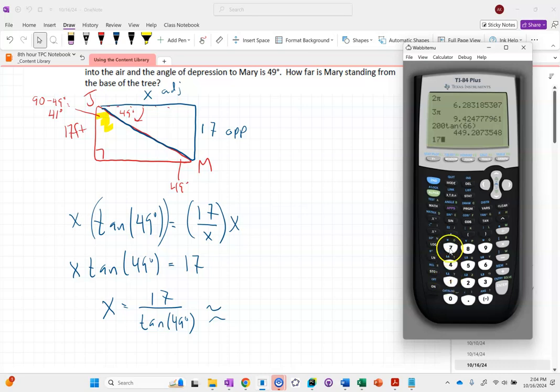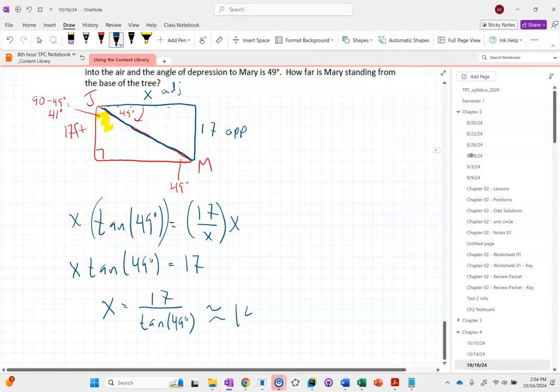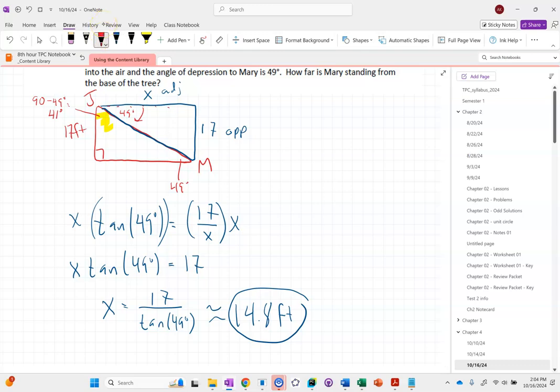I saw to that earlier, so I don't have to worry about changing it again. So I get about 14.8 feet. Feel okay?